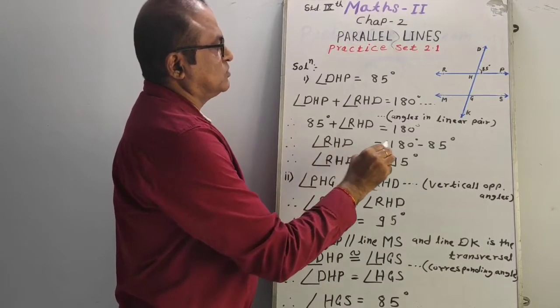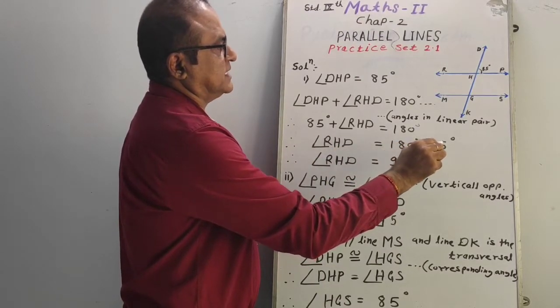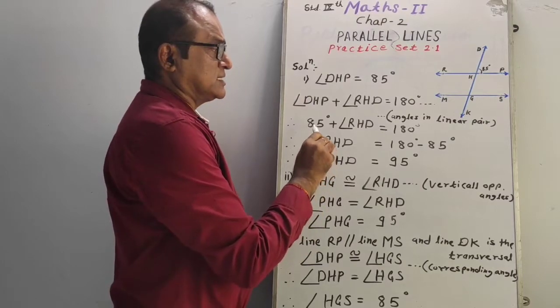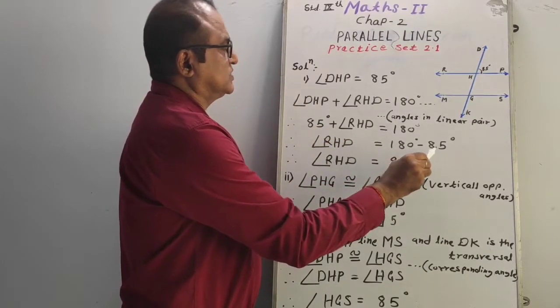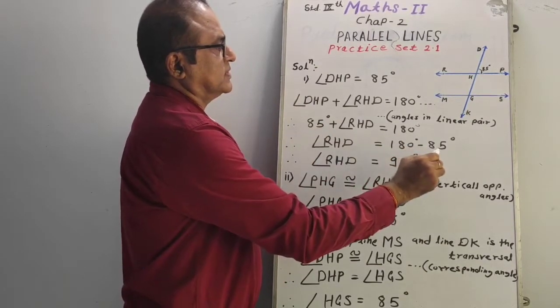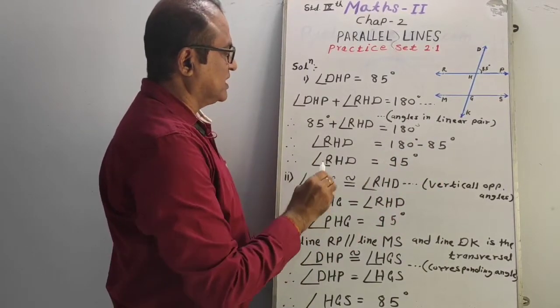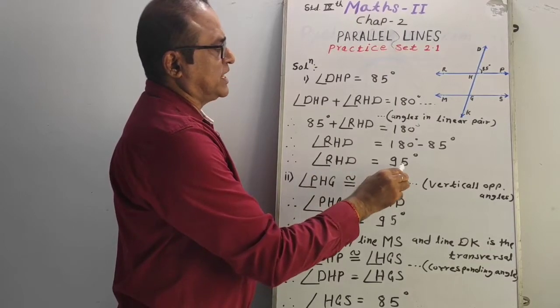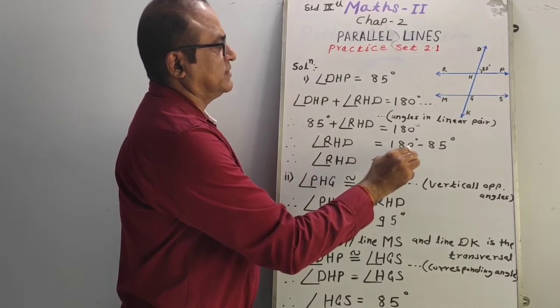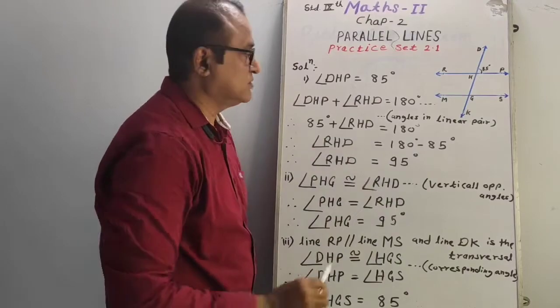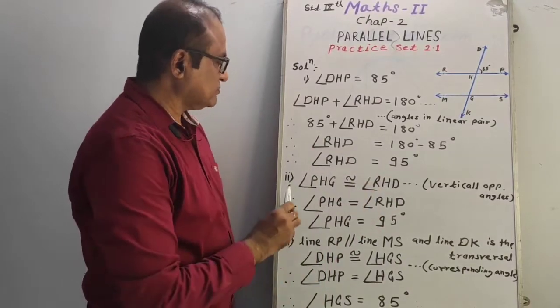Therefore, RHD is equal to 180 degrees minus 85 degrees. After transferring the term, the sign gets changed. Plus 85 degrees becomes minus 85 degrees. Therefore, angle RHD is equal to 95 degrees. 180 degrees minus 85 degrees is equal to 95 degrees.